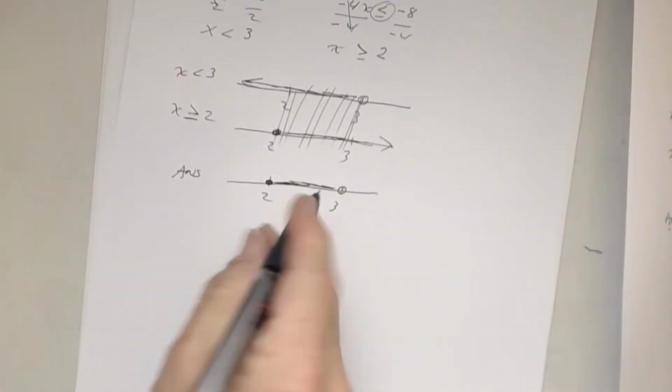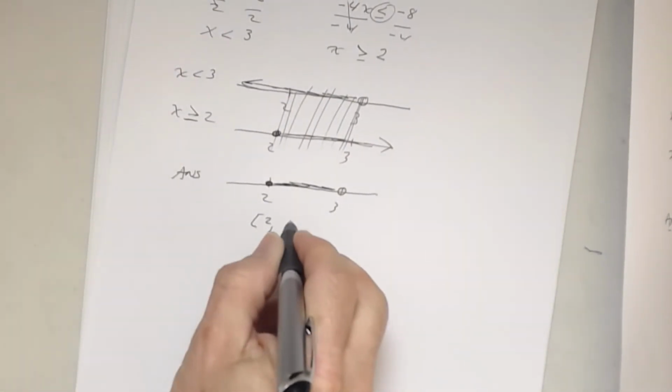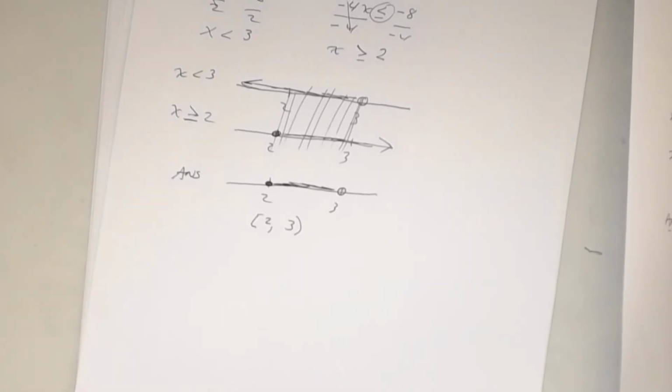Any real number that's between 2 and 3 is a solution. And how many are there? An infinite number. You cannot count them. Okay? All right, in interval notation, you'd say bracket 2, 3, parenthesis.